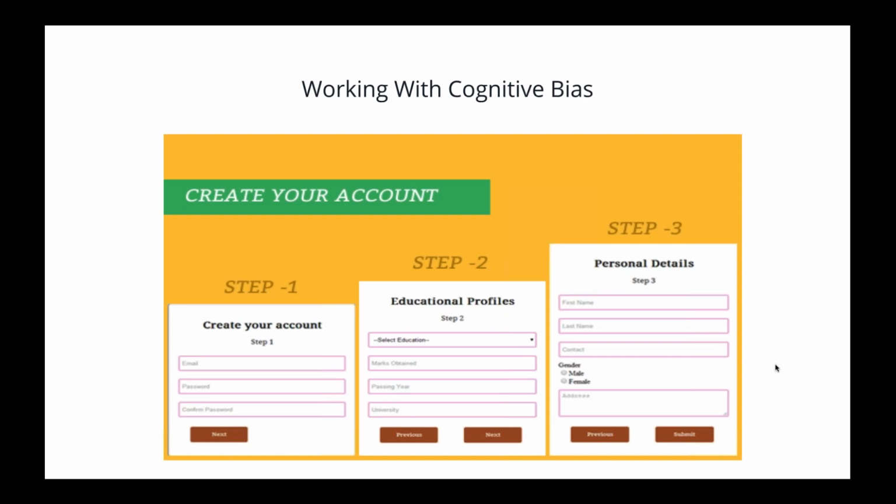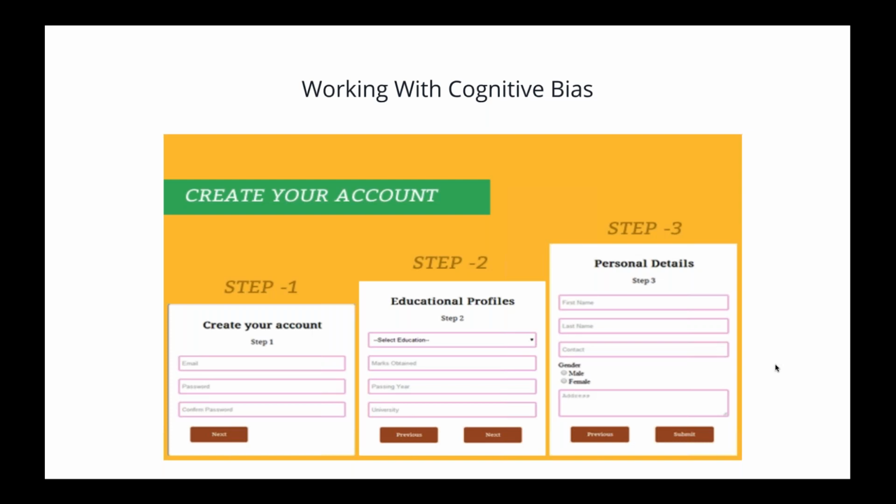So breaking it down into steps eases out or addresses their cognitive bias, and helps in getting a little amount of information at a time. So let's say I'm a user and I fill in your first step and come to the second step, I already think that hey, I've already completed the first step, so why not just complete the second step, with the small amount of information which needs to be added, and just get over with the process.